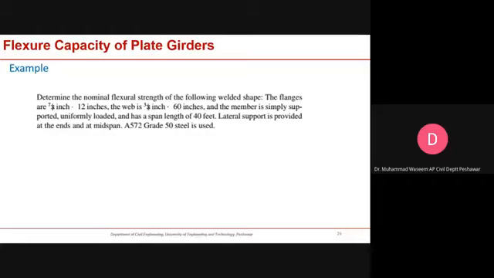And the depth of the web is 60 inches. The member is simply supported and the span length is 40 feet. Lateral support is provided at the ends and mid-span. Now in this case, you have to check the LTB as well. LTB needs to be checked.